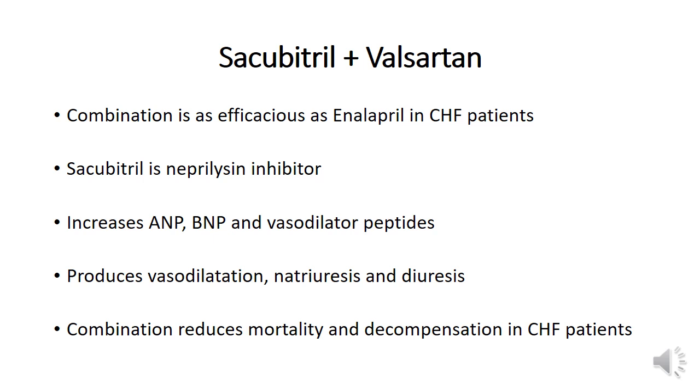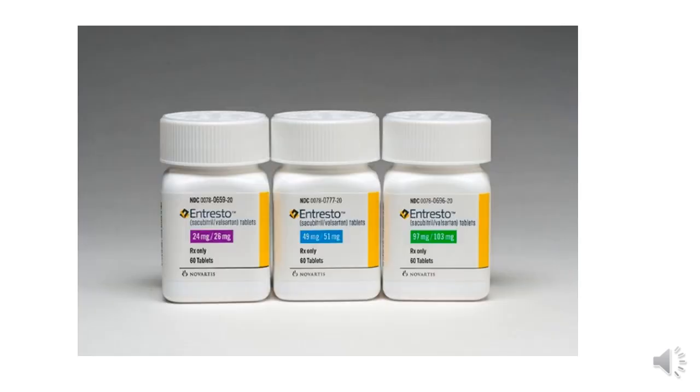And this combination has been found to reduce mortality as well as morbidity. Morbidity in the sense decompensation and hospitalization is also reduced in heart failure patients. So this is the fixed dose combination of sacubitril and valsartan, and this combination has been found to be as good as enalapril in patients of heart failure in clinical trials.